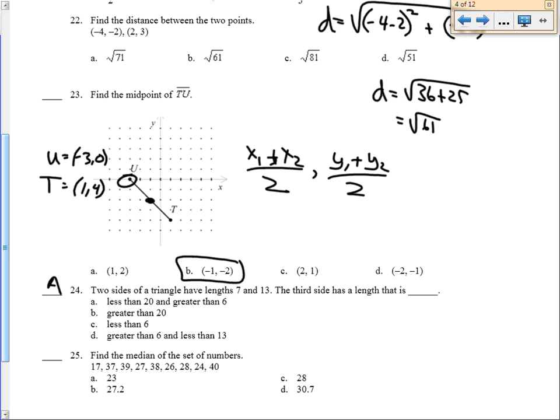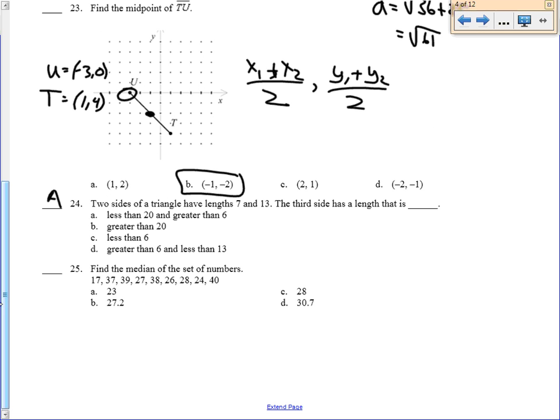Same thing. Median. Y'all told me earlier what to do with the median. You're going to find the median. The first thing you got to do is get them in order, and then find the one in the middle.